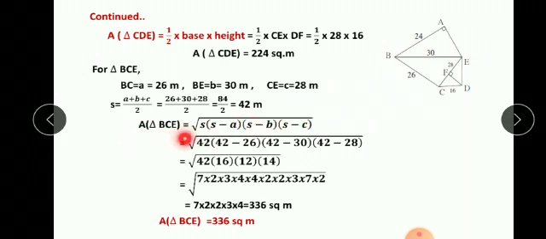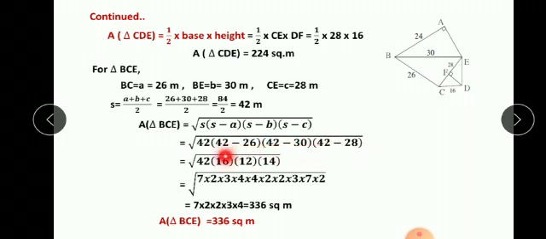So let us find the area. Area of triangle BCE using Heron's formula is the square root of S into S minus a into S minus b into S minus c. S is 42, so 42 into 42 minus 26, 42 minus 30, 42 minus 28.